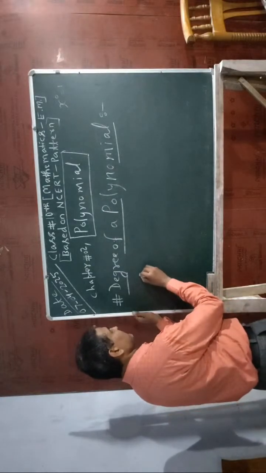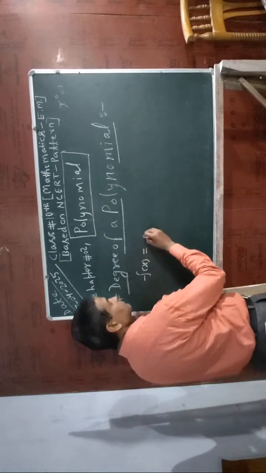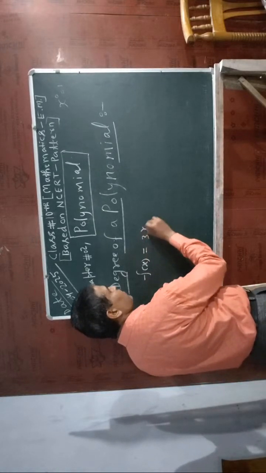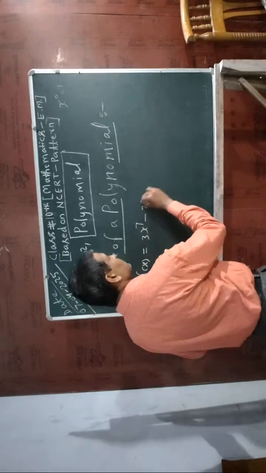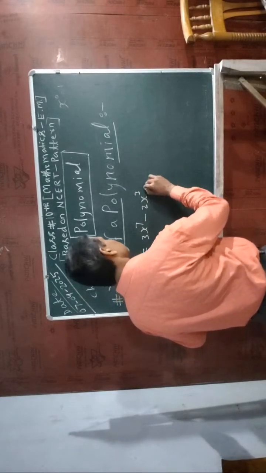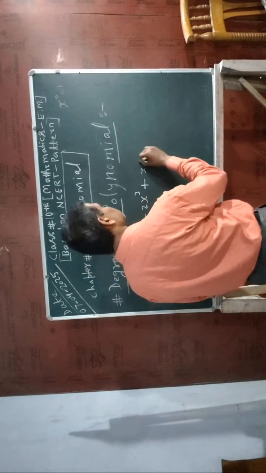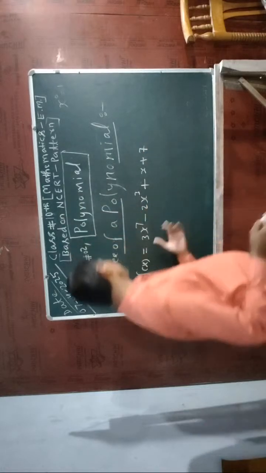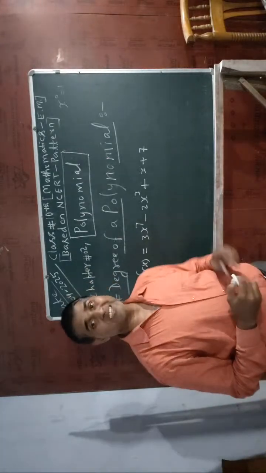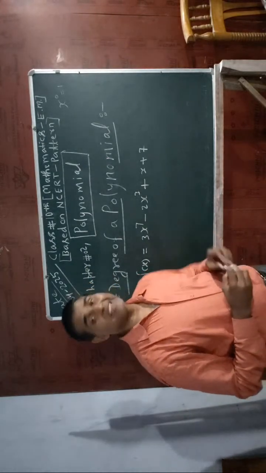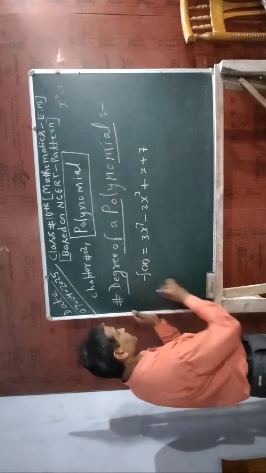Suppose that a function f of x is given: f of x is equal to 3x to the power 7 minus 2x to the power 3 plus x plus 7. So this is the equation of a polynomial, but the question is that you have to tell the degree of the polynomial. So you have to write the answer like this.